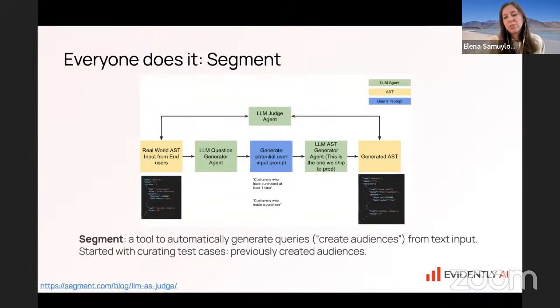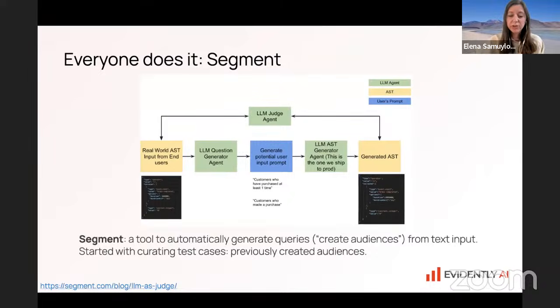I was going through some blog posts of how different companies are applying LLMs, and there was one example from Segment. They implemented a tool which basically allows you to do something like text to SQL. In their case, it's not SQL, they have their internal language, but something that allows you to generate a query to define an audience that you want to work with. An audience as in, like, query your customer database.